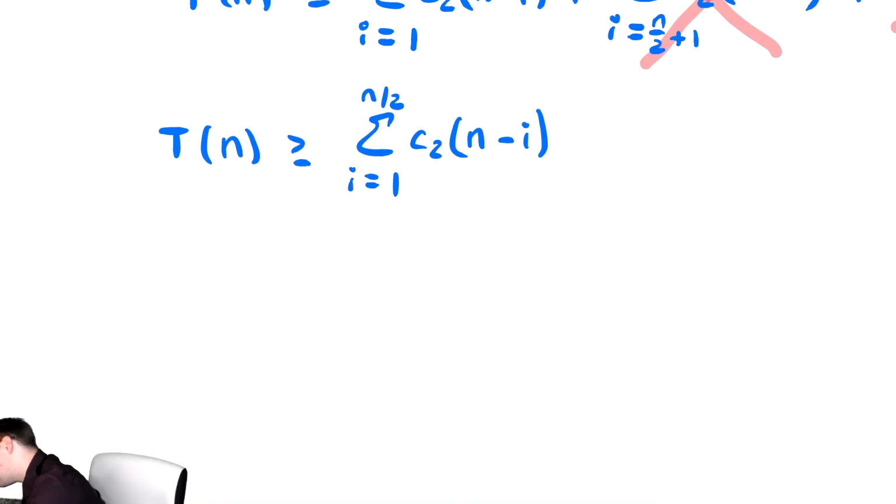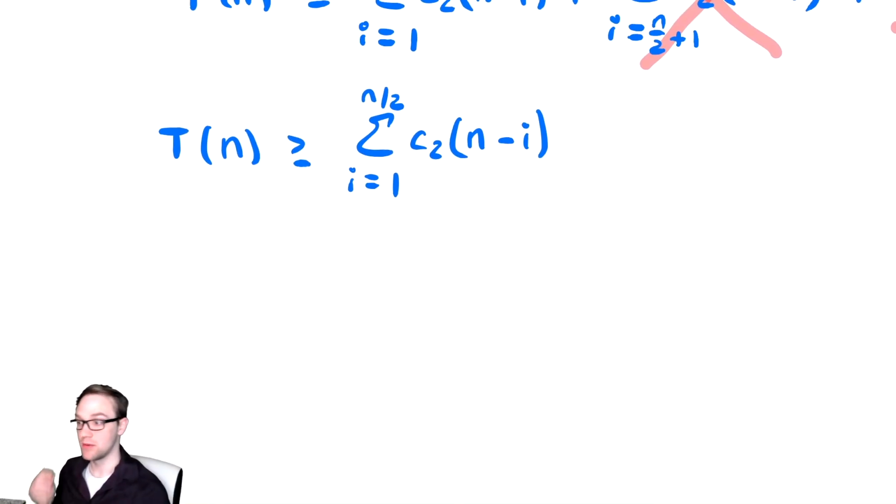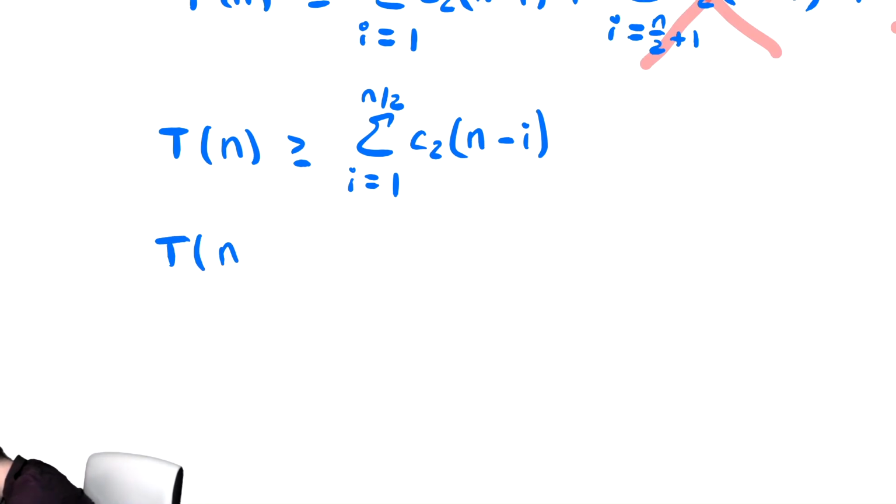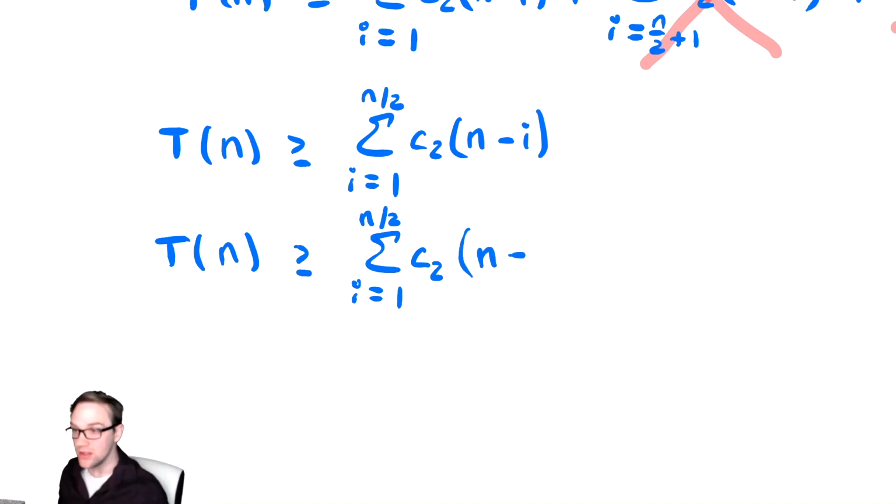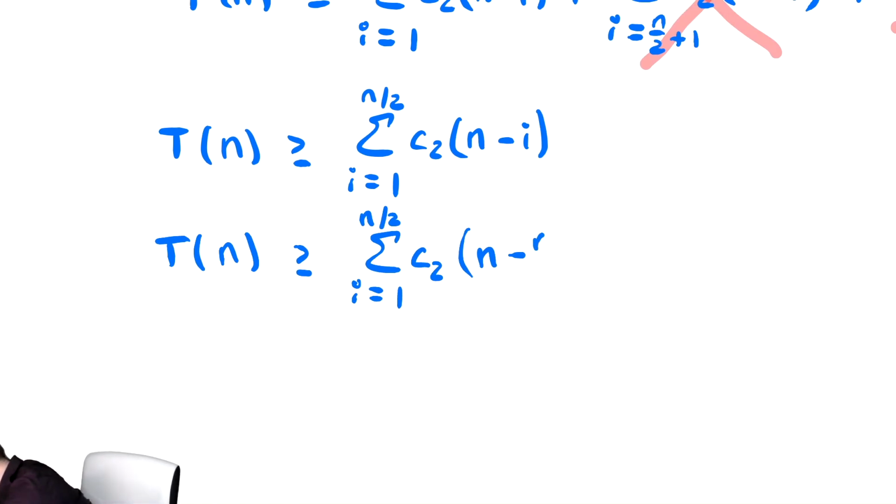After doing that, we then are going to replace each term with the minimum value. So T of n is greater than or equal to the sum from i equals 1 to n divided by 2 of C2 n minus the smallest value within that range, which occurs at n over 2. Why?